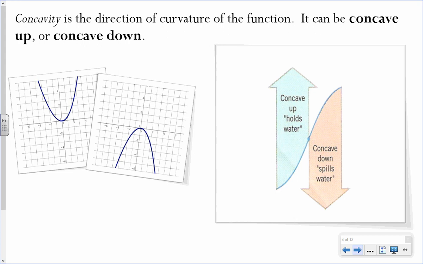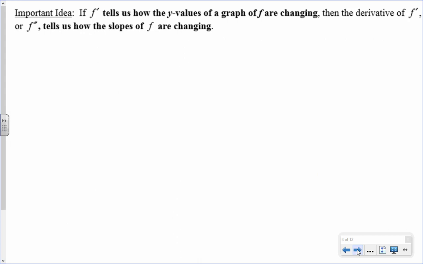So let's talk about the two different concavities here. If the derivative is telling us what our slopes are, then our second derivative can tell us how our slopes are changing.